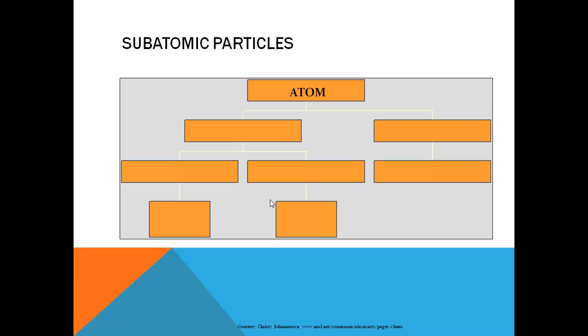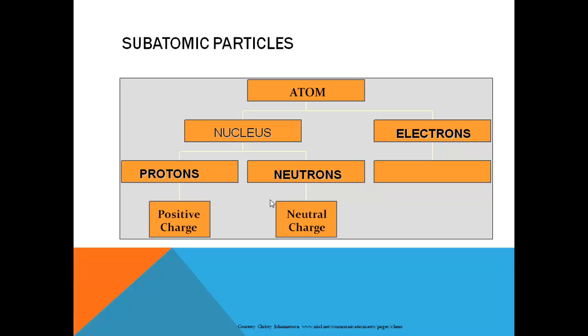So let's just review real quick with the concept map. We have the atom. The atom is made up of the nucleus, which contains the positive protons and the neutral neutrons. The other part of the atom is the electrons, which are found in the electron cloud and have a negative charge and very little mass.